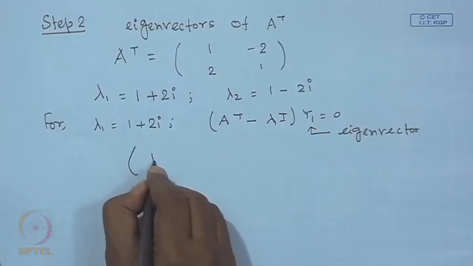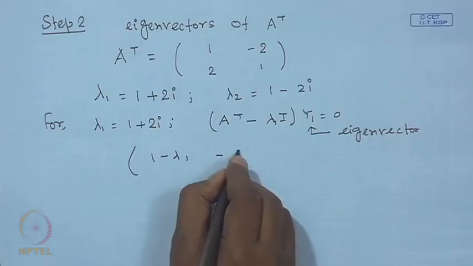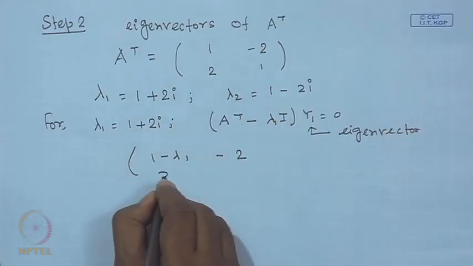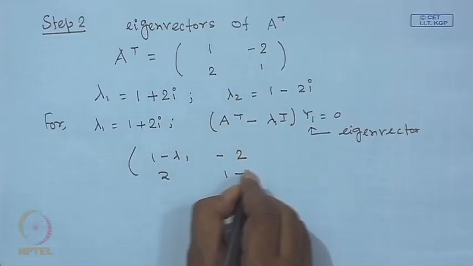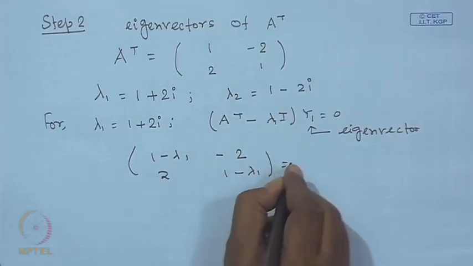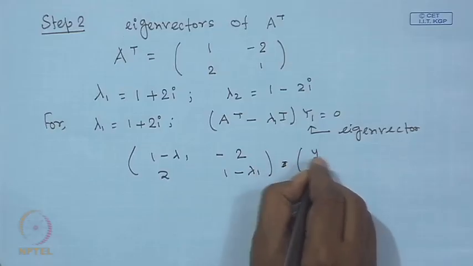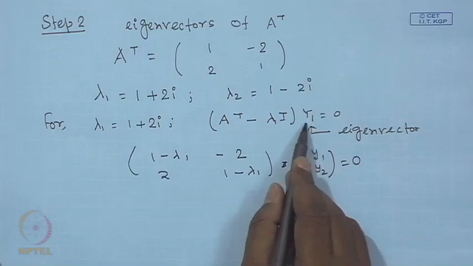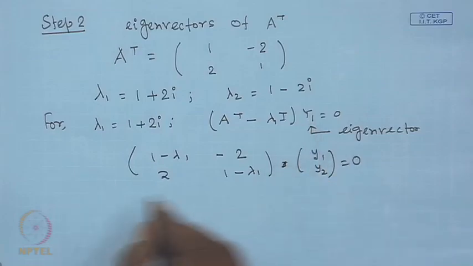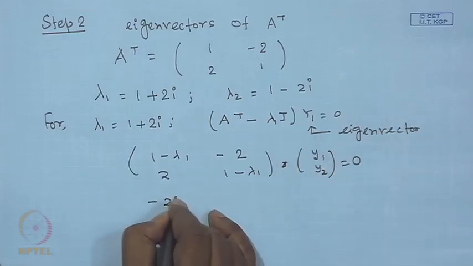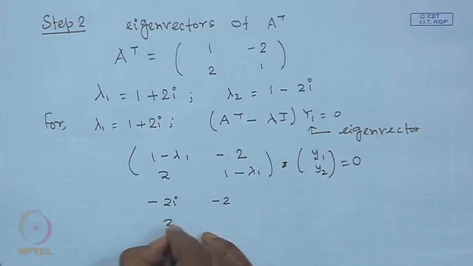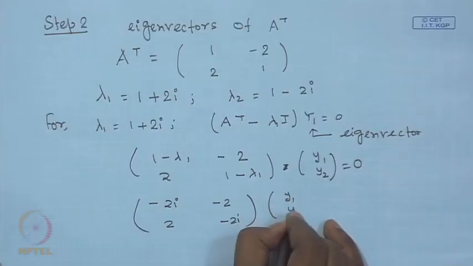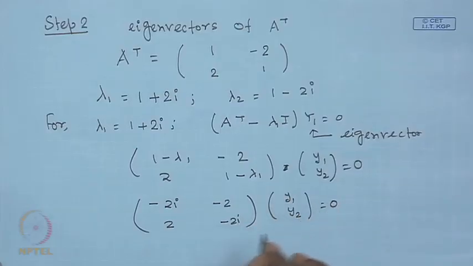It becomes 1 minus lambda 1, minus 2, then 2, and 1 minus lambda 1, times y 1, y 2, which are the elements of the eigenvector y 1. So, therefore, minus 2 I, minus 2, 2, minus 2 I, times y 1, y 2 equal to 0.